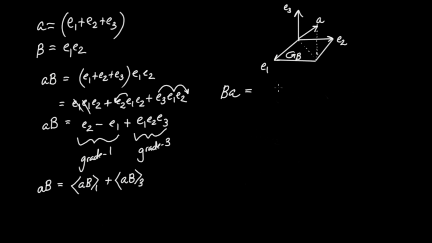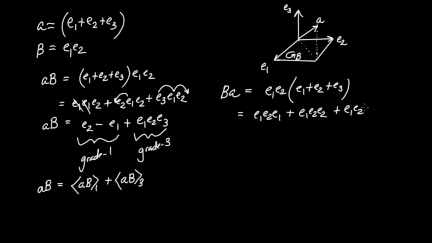So in this example, we have E1, E2, times E1 plus E2 plus E3. So let's just do the calculation and see what happens. So we have E1, E2, E1, plus E1, E2, E2, and finally E1, E2, E3.